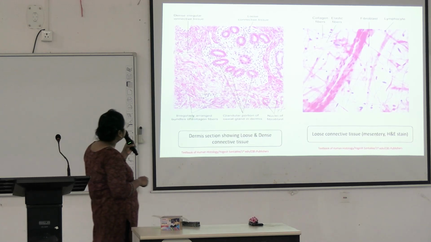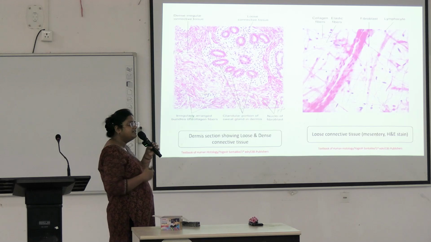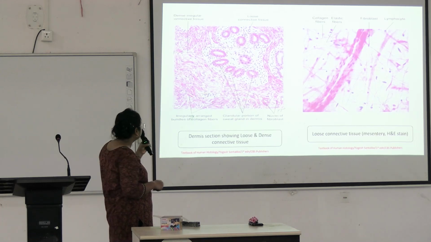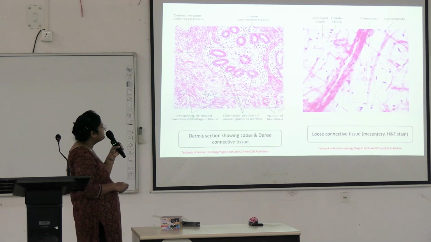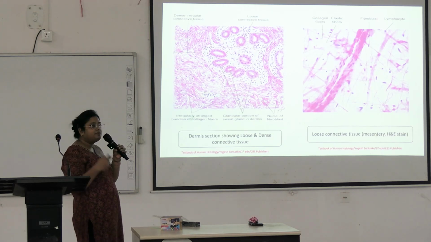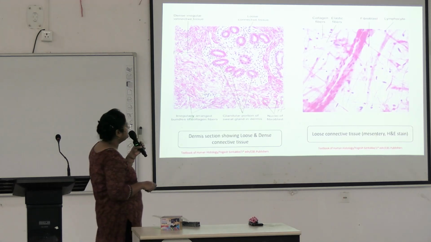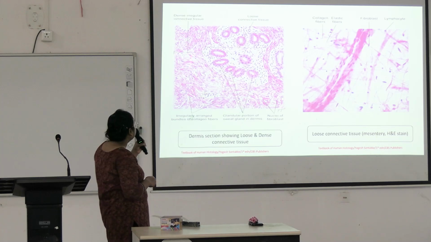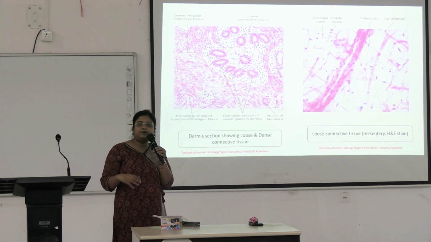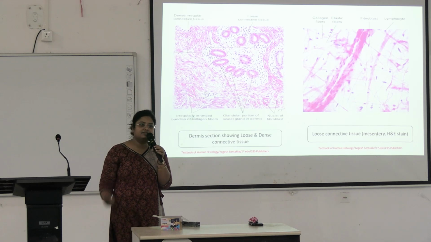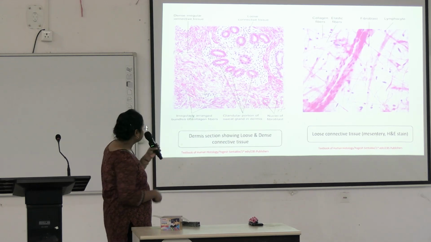This area is formed by dense irregular connective tissue. So you can see the difference: larger spaces and more extracellular matrix in loose connective tissue, and in dense connective tissue, more fibers and less extracellular matrix and fewer cells.